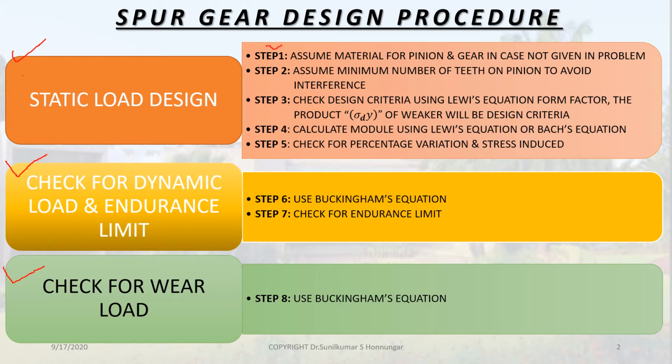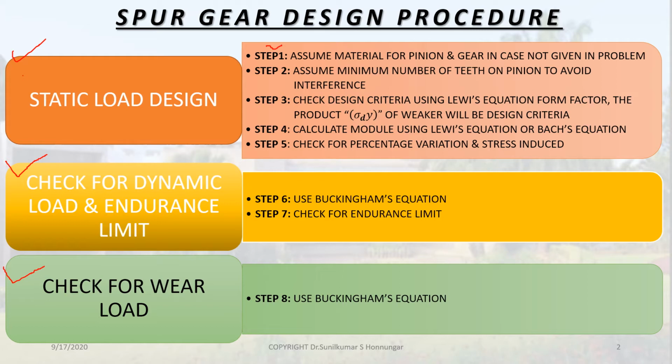Step number 1: in case the material is not given in the problem. Of course, in most of your academic learning or question papers and examinations, we mostly give the materials: you design the gear having a pinion material equal to so and so and gear material equal to so and so.